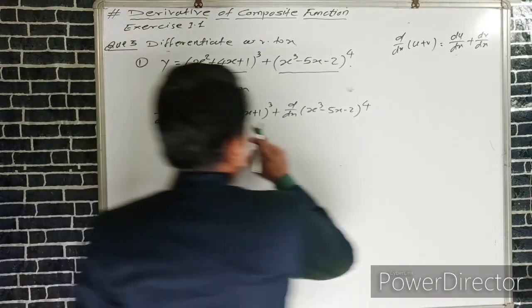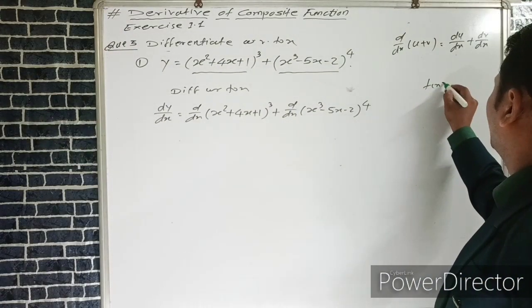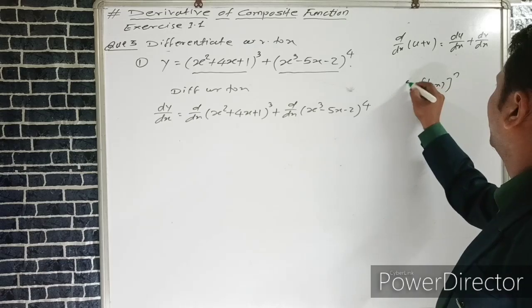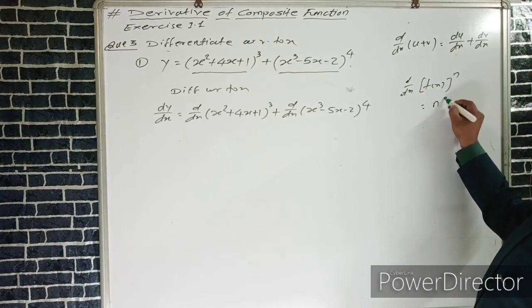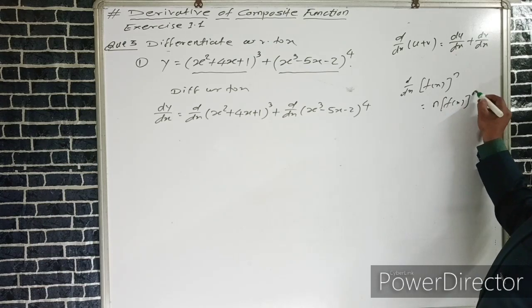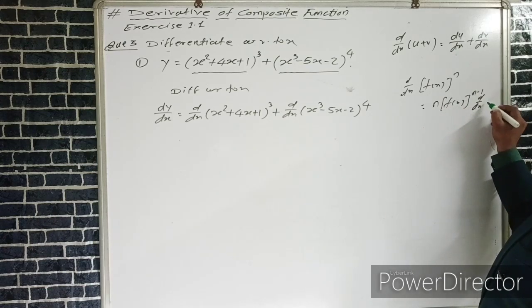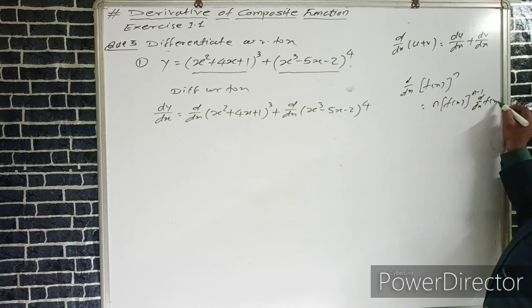This function is in the form of f(x) whole raised to the power n, and we know that the derivative of f(x) whole raised to the power n is n into f(x) raised to the power n minus 1 into again the derivative of f(x).